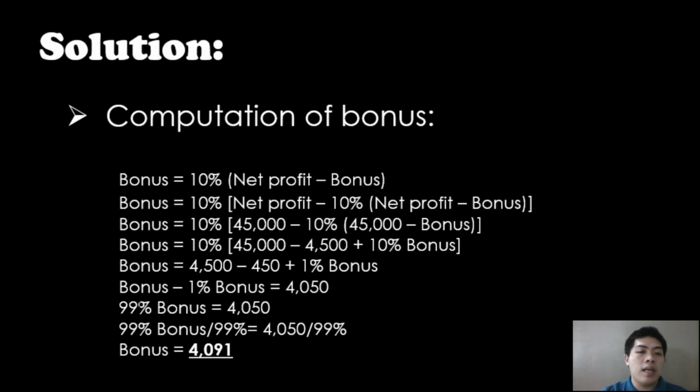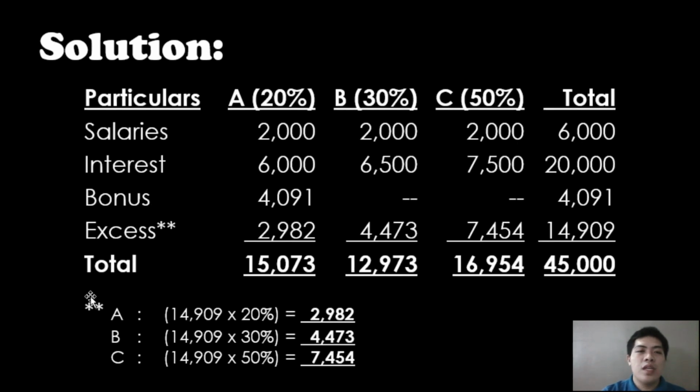Bakit siya naging 99% bonus dito? Kasi nga, yung assumption dito, this is always 100% yung bonus na to. 100% or 1 peso. So, ito, 0.01. Ito naman, 1 peso. Or, kung inineto, we have it 99% or 0.99. So, i-divide yung kalalabasan, 4,091. Okay?